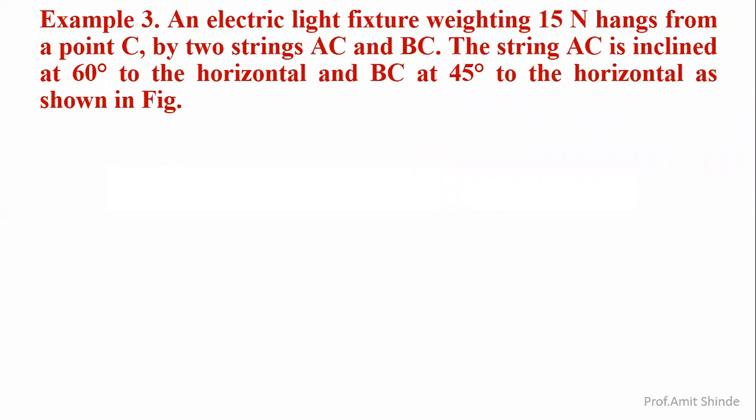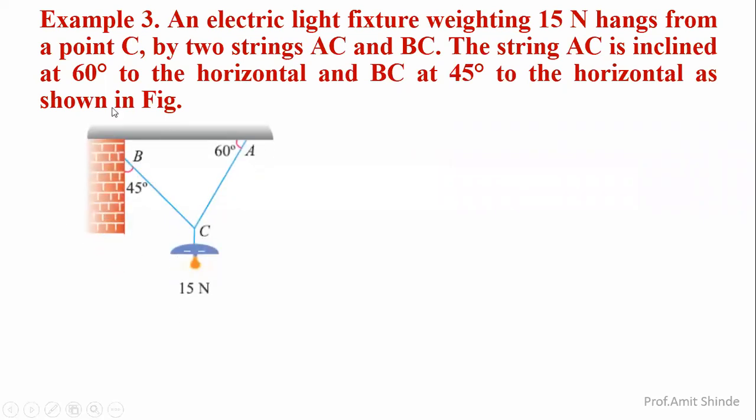Now if you see in this figure, this is your electric light fixture having the weight of 15 Newton, and it hangs from the point C. AC is one of the strings, which is making an angle of 60 degrees with the horizontal, and BC is making an angle of 45 degrees over here.